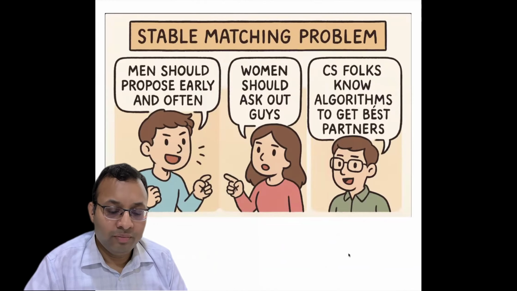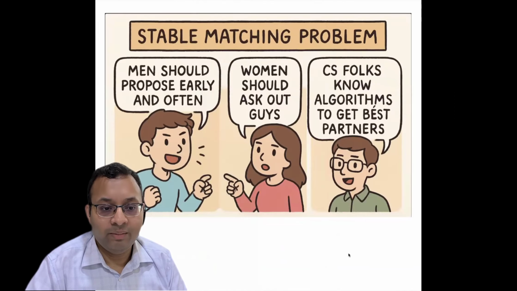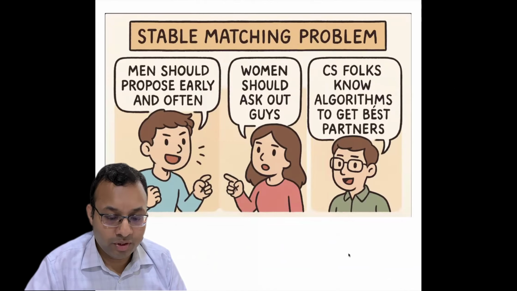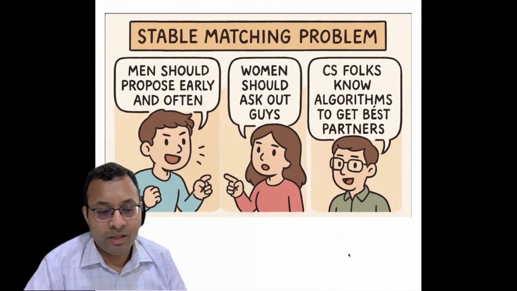We also saw the algorithm is good for men. They are getting the best valid partner. For women, it's the worst valid partner. So the one who is proposing has more advantage. Women should ask out guys, they should propose, and then they will get the advantage. And the third thing we realized is that CS folks should know algorithms, and it will help them to get the best partners.